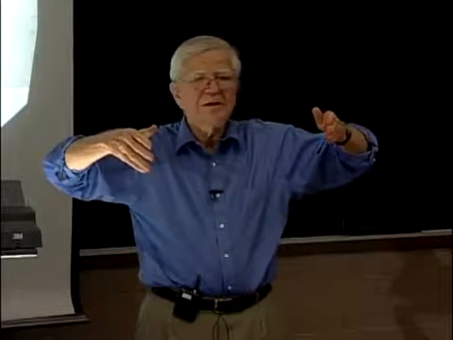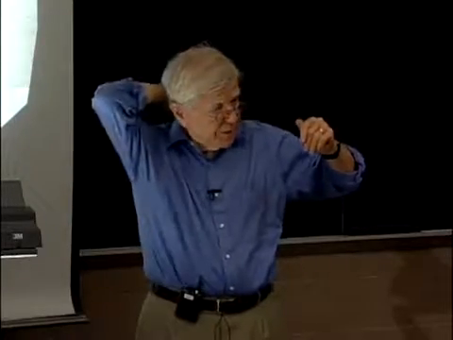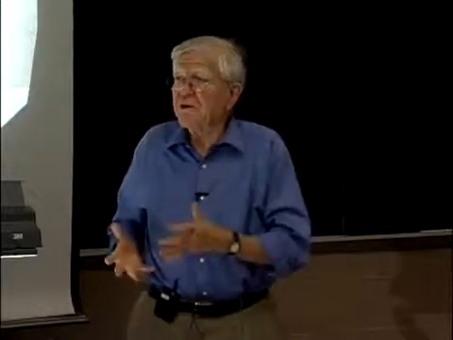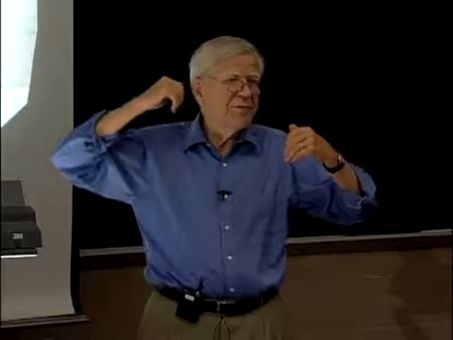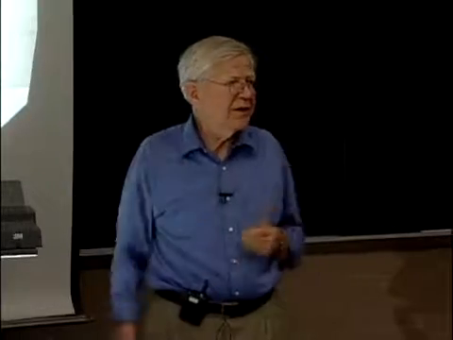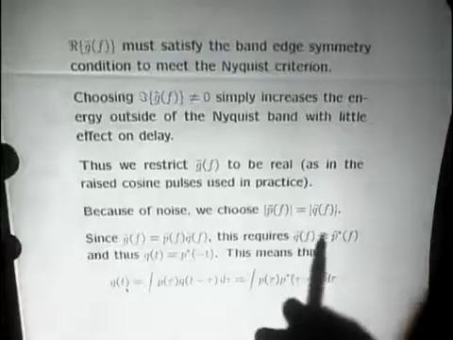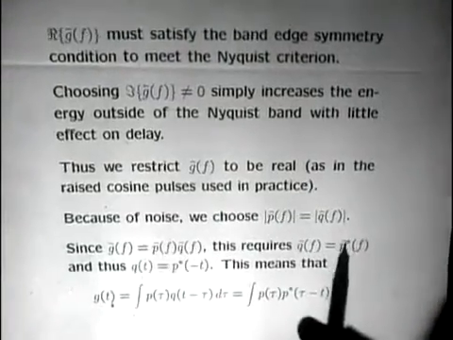There's no point to using a very sloppy p of f and then using a very sharp q of f, because somehow when you start looking at noise, you're going to lose everything because the noise gets added to this pulse that you're transmitting. So what we're going to find when we look at this later is we really want to choose the magnitudes of these to be equal.